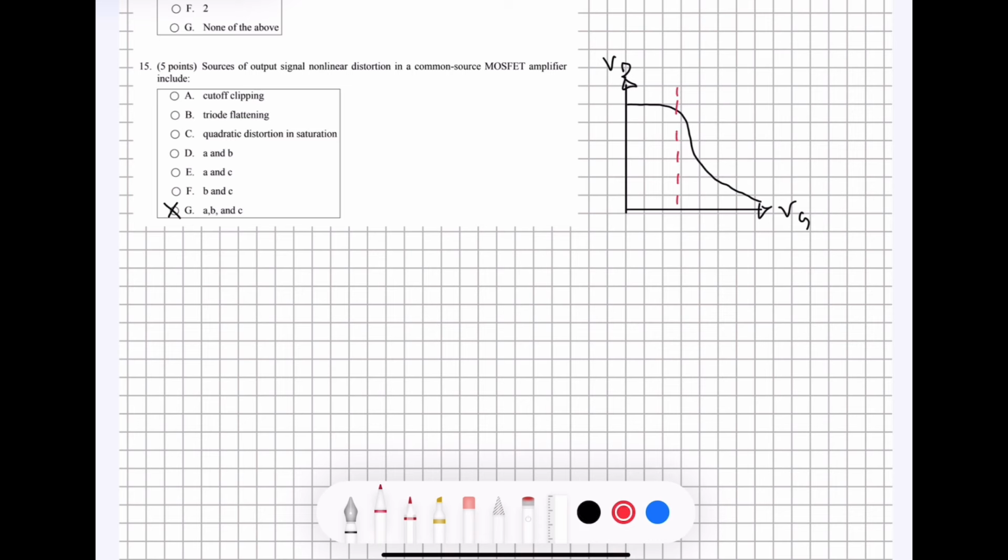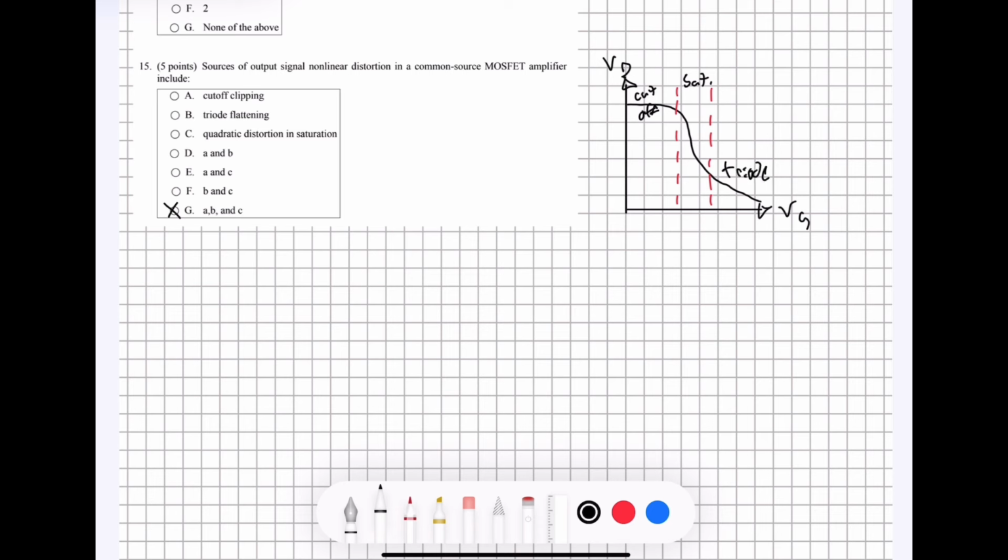In between these two dashed lines that I'm going to draw right here, that is going to be the saturation region in the middle. Then on the left side of this dashed line, that's going to be the cutoff region. And on the right side, that is going to be the triode region.